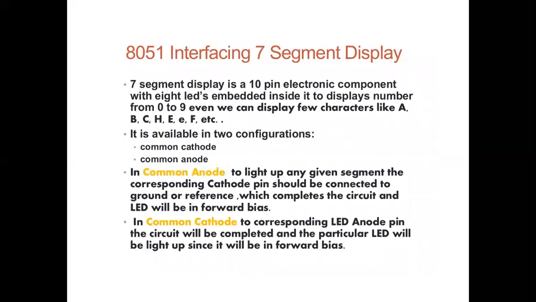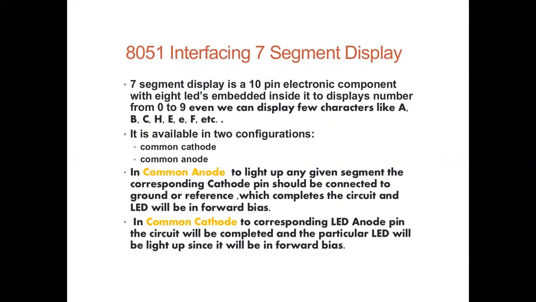8051 interfacing of 7-segment display. A 7-segment display is a 10-pin electronic component with 8 LEDs embedded inside to display numbers from 0 to 9. It can even display a few characters like A, B, C, D, E, small e, F, etc. It is available in two configurations: common cathode and common anode.